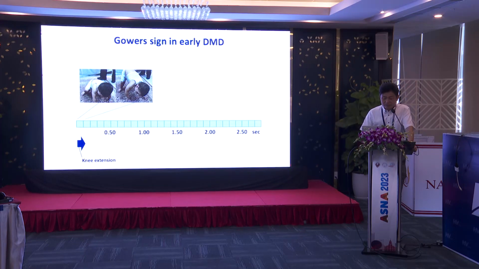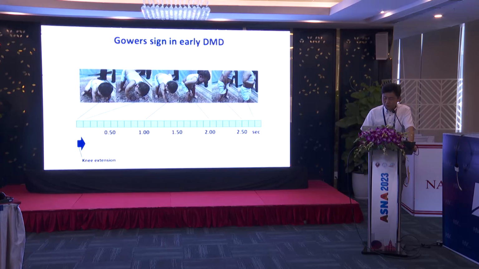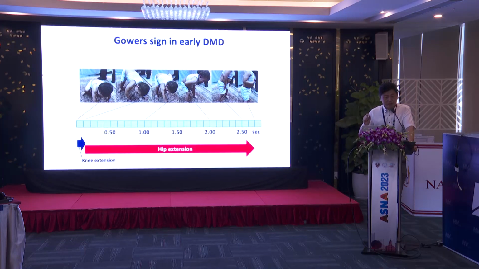So it means that for all of the remaining time, what he was doing was extending his hip joint. So clearly he took a long time to extend his hip joint, meaning that at least at this stage, he has difficulty extending the hip joint. And this maneuver indicates difficulty extending the hip joint.